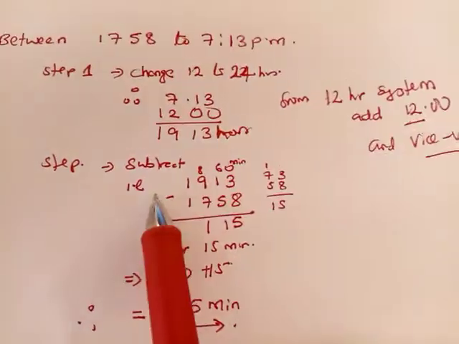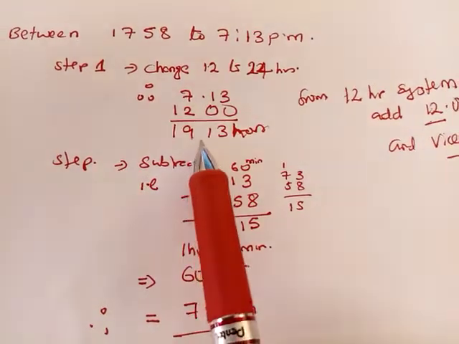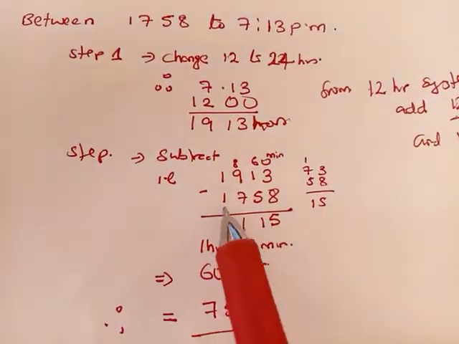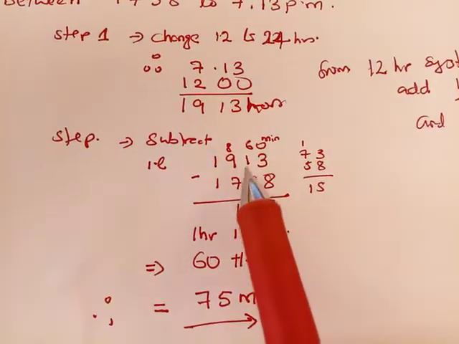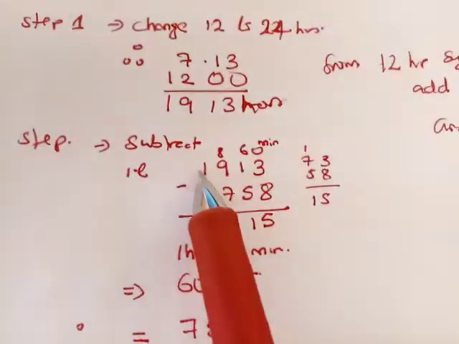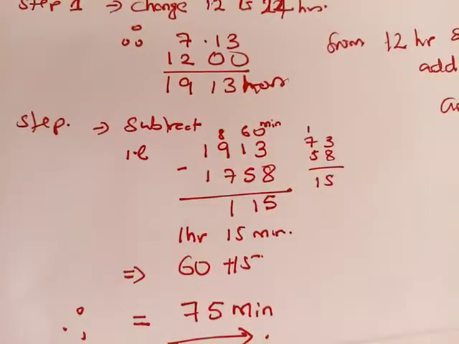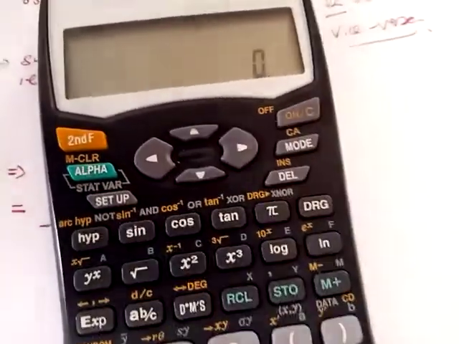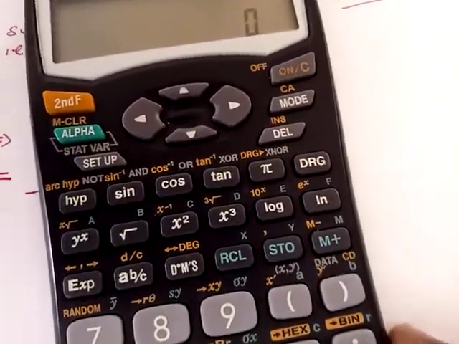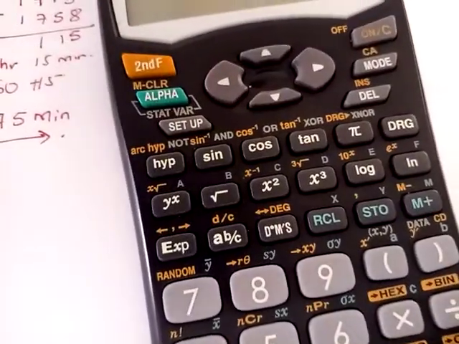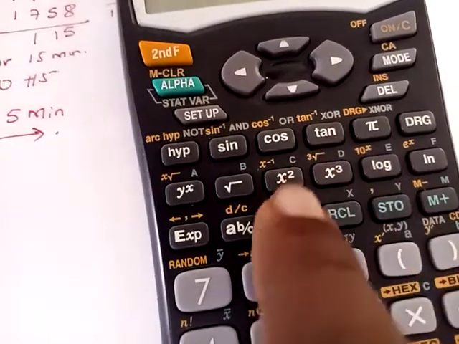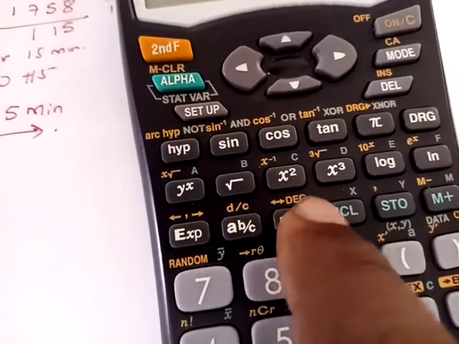Then step number 2, because we are looking at the time difference between 1758 and 1913, we subtract the two, and there we go. Now when you are subtracting time, you can directly use your calculator. On the keyboard of the calculator, you can see a button written there, deg.